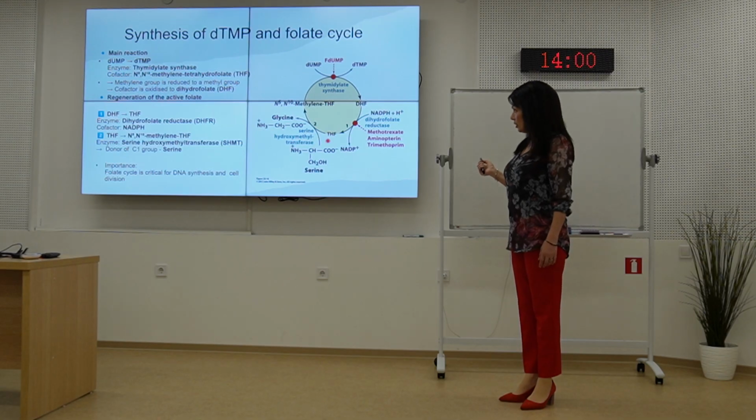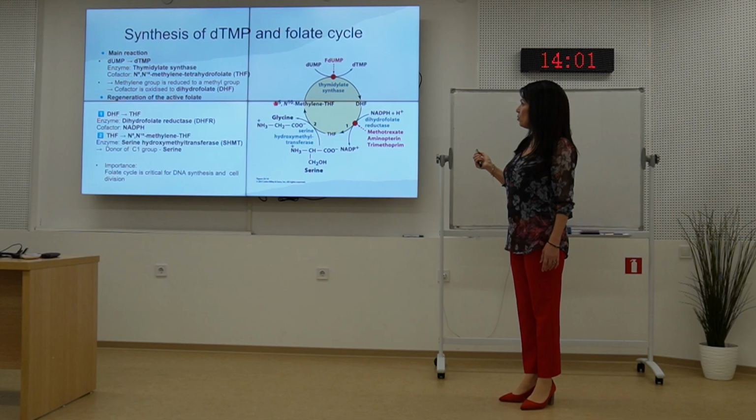This is one of the derivatives of tetrahydrofolate. To get the reaction, it requires serine also, by the enzyme serine hydroxymethyltransferase. There is transfer of the hydroxymethyl group to form glycine and this cofactor.